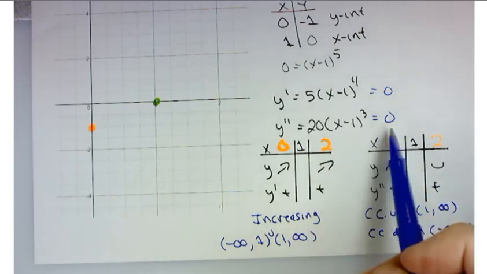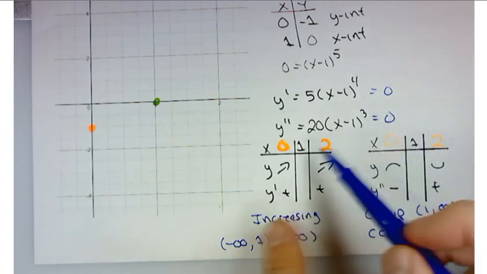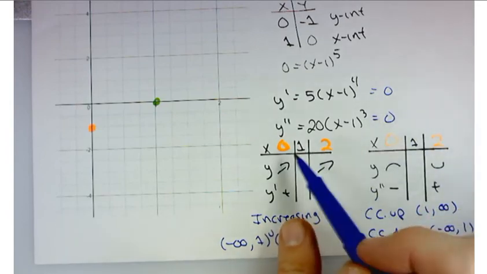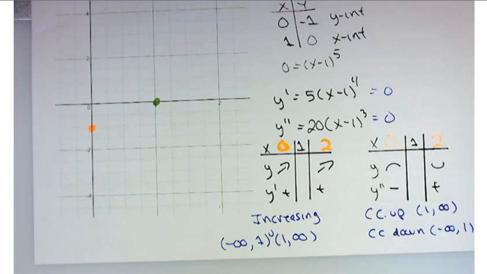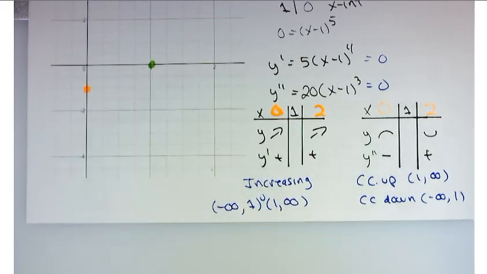Where does the second derivative equal 0? At x equals 1. And when those are equal to 0, on either side of it, it could change signs. So it could be positive, it could be negative, and that's where we test points to figure things out. Yeah, it happens to be the x-intercept in this case, but it's not always going to be the x-intercept.